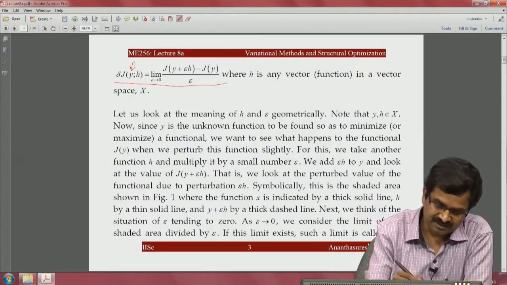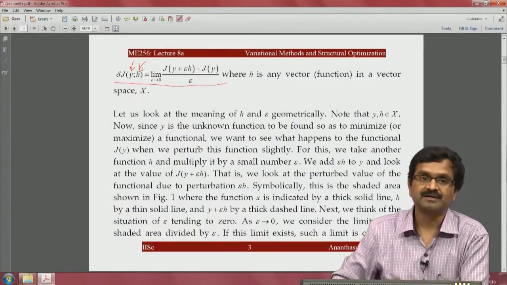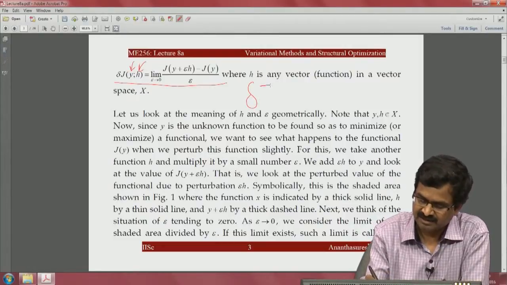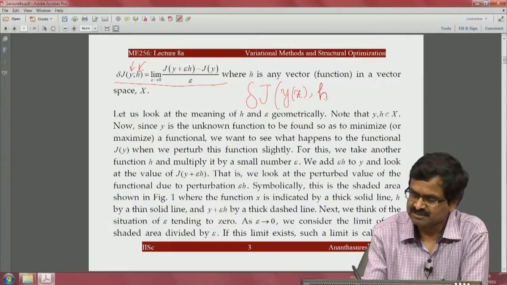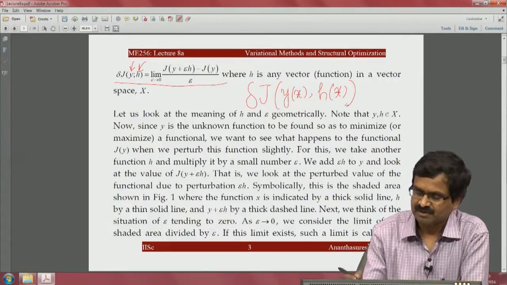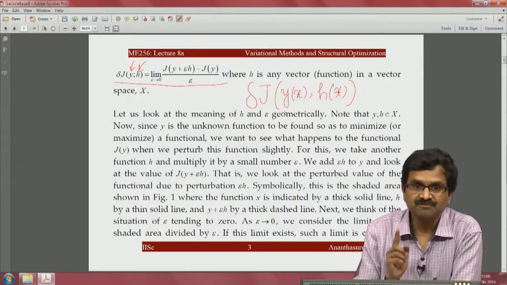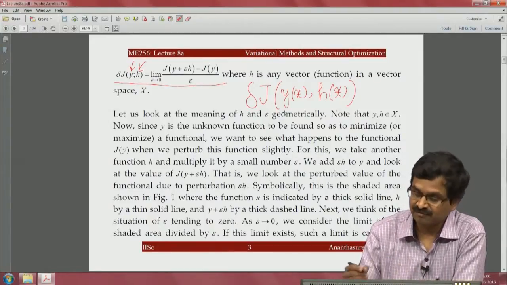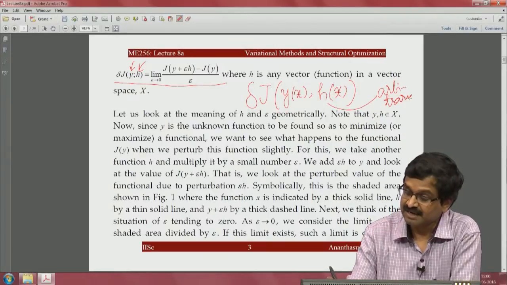So, Gateaux variation depends on the function, but it is also defined in terms of a function h. So, the Gateaux variation we write delta j at some y of x, but also there is h of x. Yeah, that is what is said in all these notes here, right. So, we have the function y of x, we also take a function that is similar to y of x, but a different one. In fact, this part is arbitrary, that can be anything.